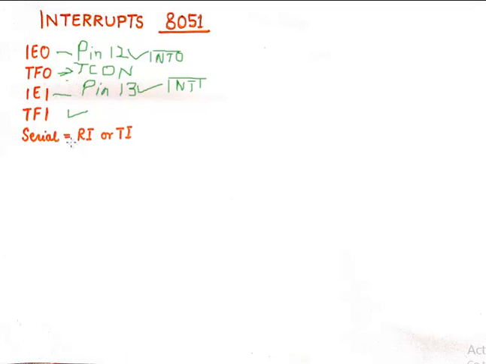In the SCON register you'll see the receive interrupt flag and transmit interrupt flag at positions 0 and 1 respectively. You could refer to the SCON register or my previous videos where I've discussed serial communication.